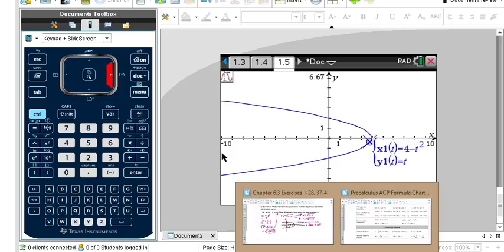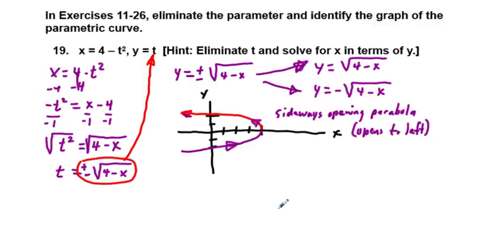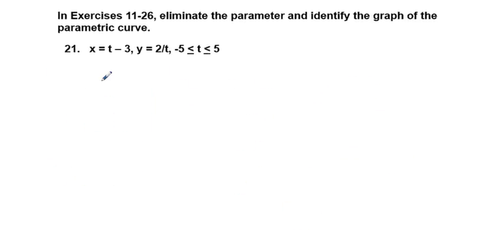Next, let's go to the next odd number problem, 21. By the way, I'm doing the odd number problems and leave the even number problems for your edification. Same type of situation here. We have x equals t minus 3, and to solve for t, if we add 3 to both sides, we get t equals x plus 3.